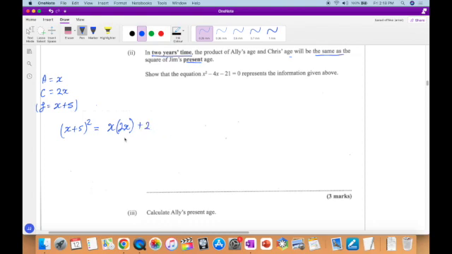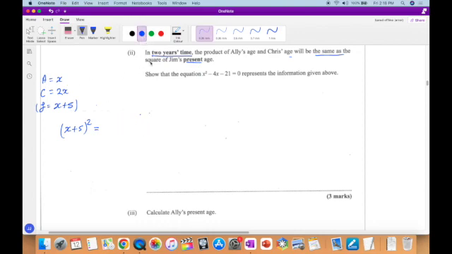The thing is that by adding 2 here, this is the product of Ali's age and Chris's age plus 2 years. So it's not to say that for Ali or Chris you're adding 2 years. No, I think we need to add the individual years.